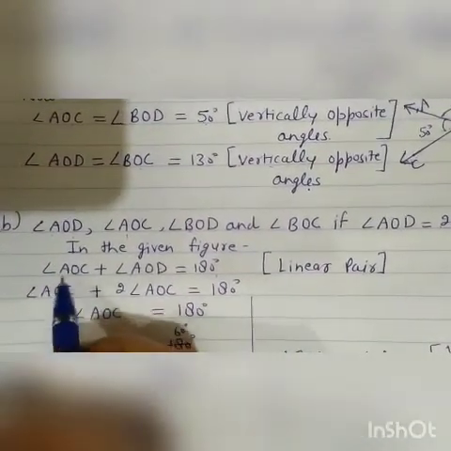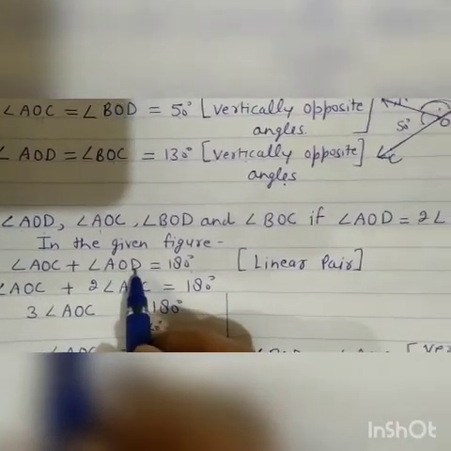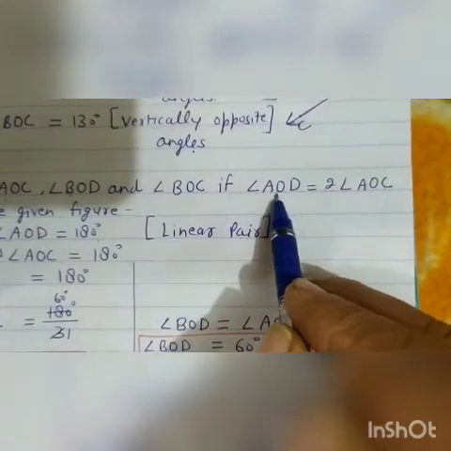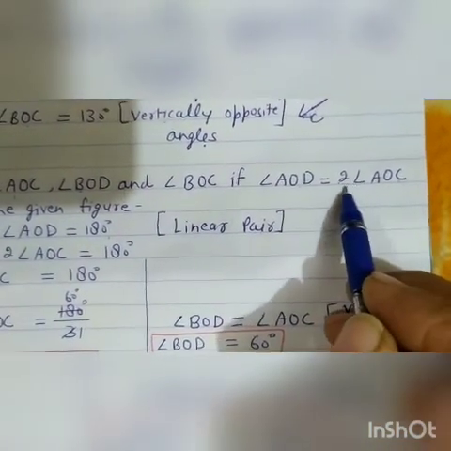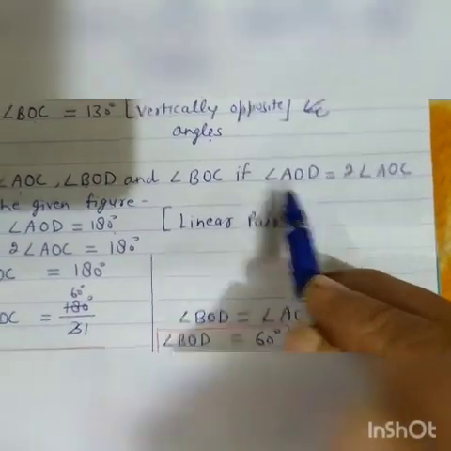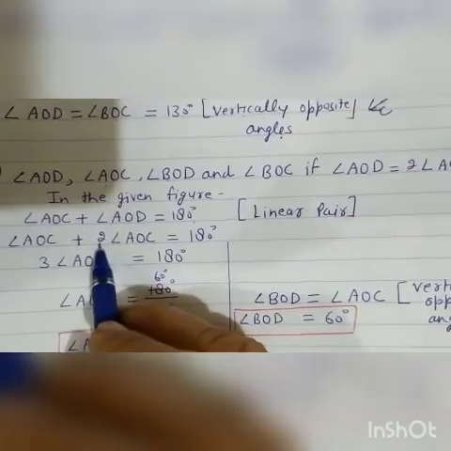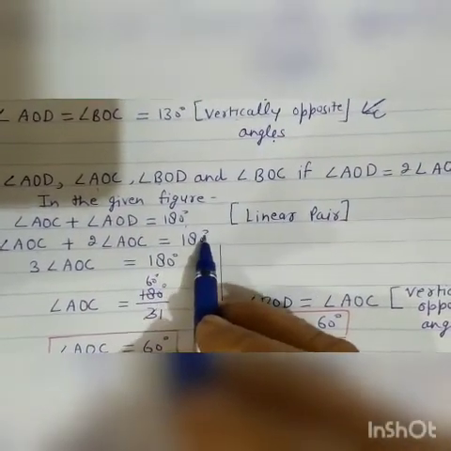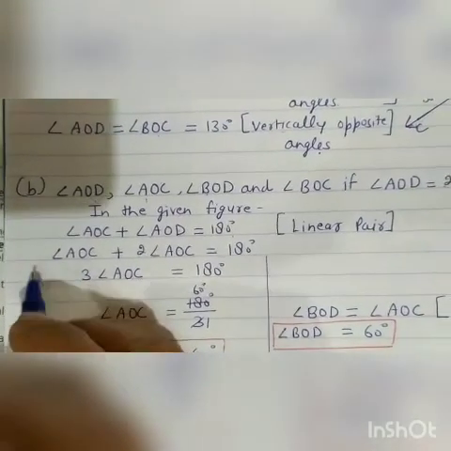Now angle AOC will be written as it is, AOC. And what is the value of angle AOD? It is given that angle AOD is equal to twice angle AOC. So we will write this value of angle AOD here. 2 angle AOC in place of angle AOD, equal 180 degree. Now this will be taken as 1 angle AOC.